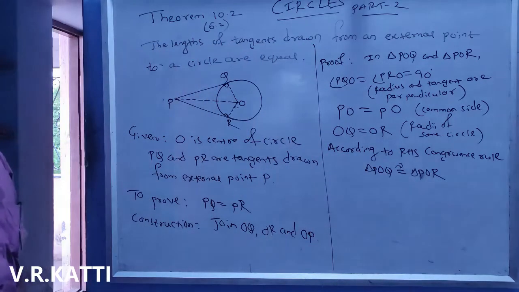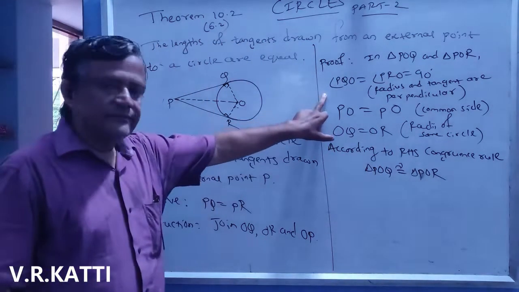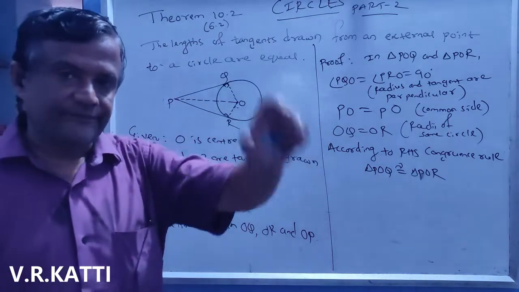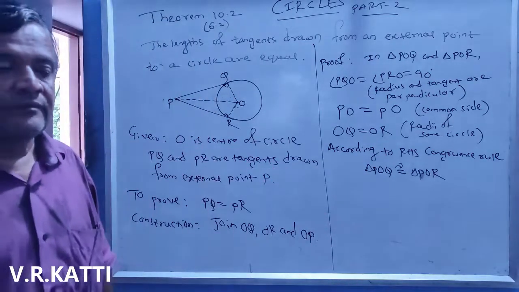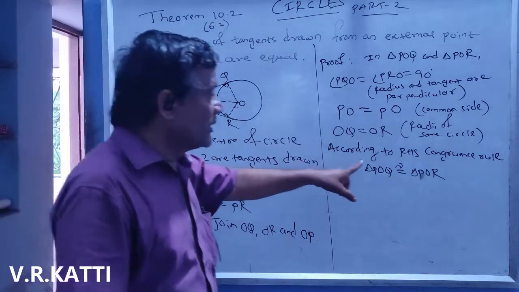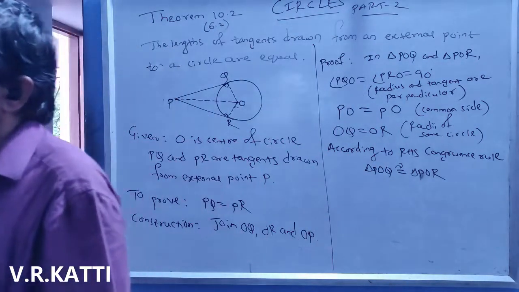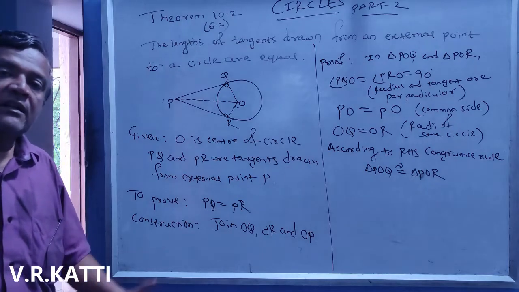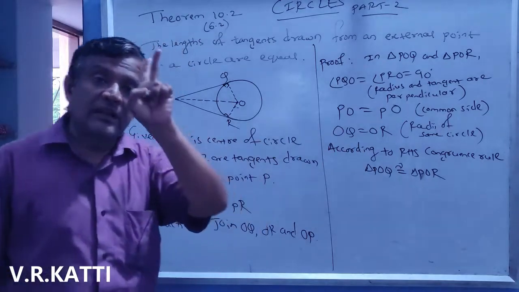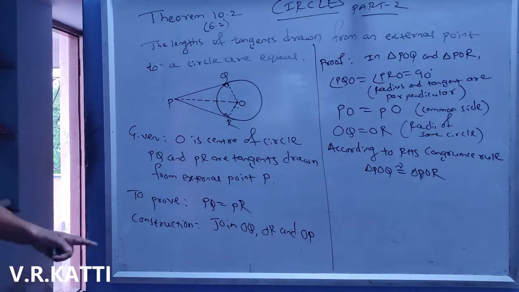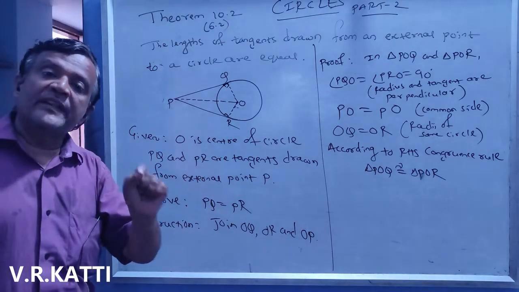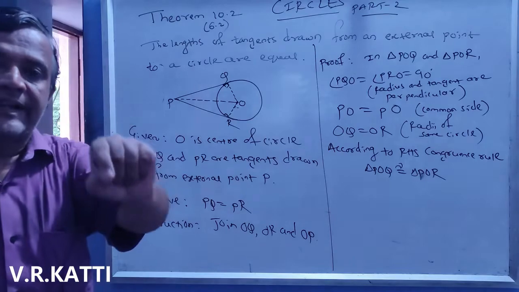Students, this is the right angle, this is the hypotenuse, this is the side. So according to the RHS congruence rule, triangles POQ and POR are congruent. Once you prove the two triangles are congruent, then apply CPCT, corresponding parts of congruent triangles.